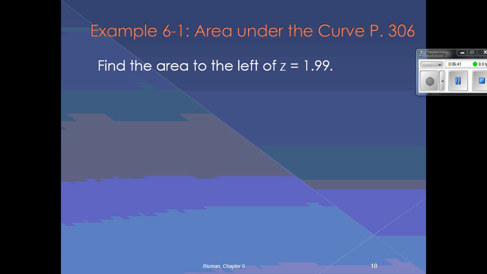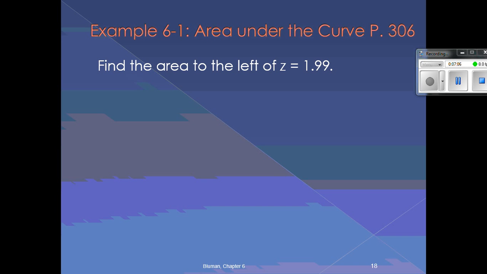On the left, you'll be looking for your whole number and your first decimal, your tenths. So that would be 1.9. Then you move to the right and look for the 0.09 column, because 1.9 plus 0.09 gives you 1.99.